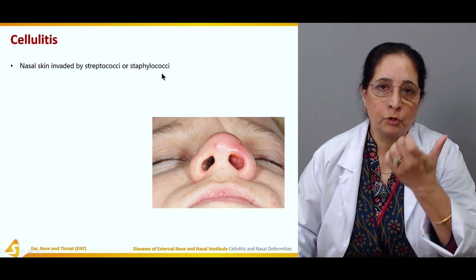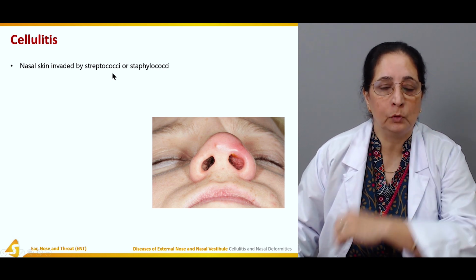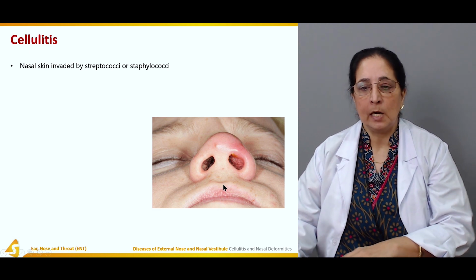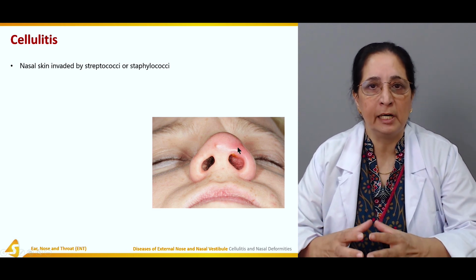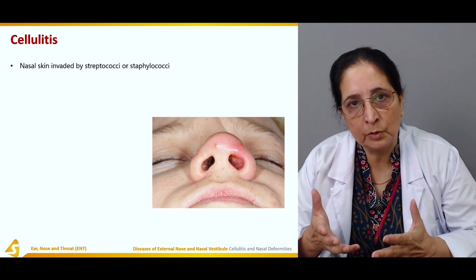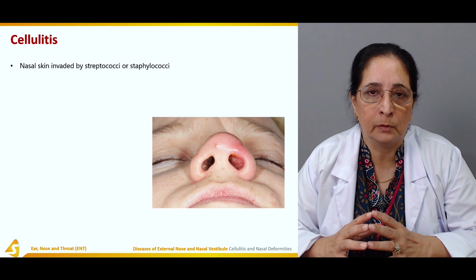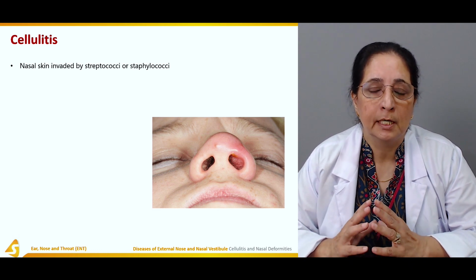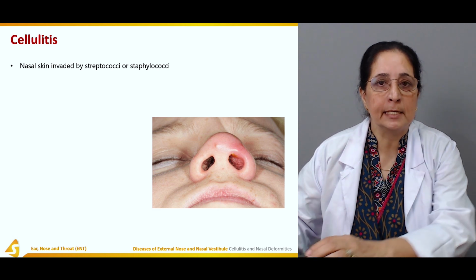These are the round-shaped bacteria, streptococci and staphylococci. And this causes cellulitis. It's a very, very painful condition, and there is tenderness and pain associated with fever also. So cellulitis, causative agent, streptococci and staphylococci.